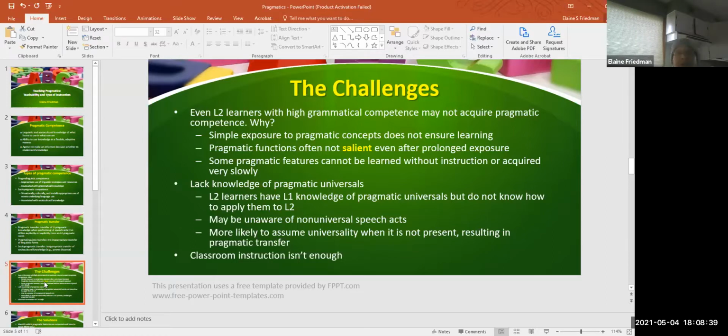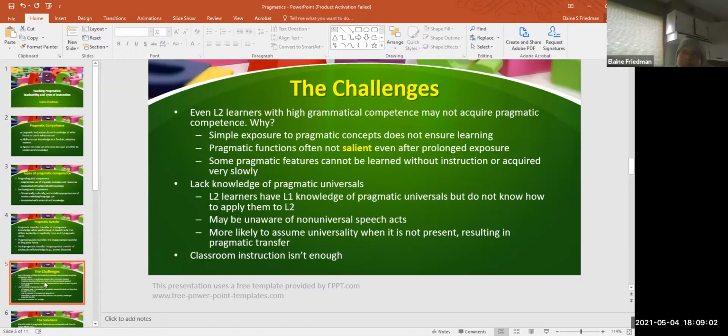Also, there are some pragmatic universals, but a lot of times students don't know which ones. Students need to know which universals there are, but maybe what they have is L1 knowledge of pragmatic universals, but they don't know how to apply them to their L2.